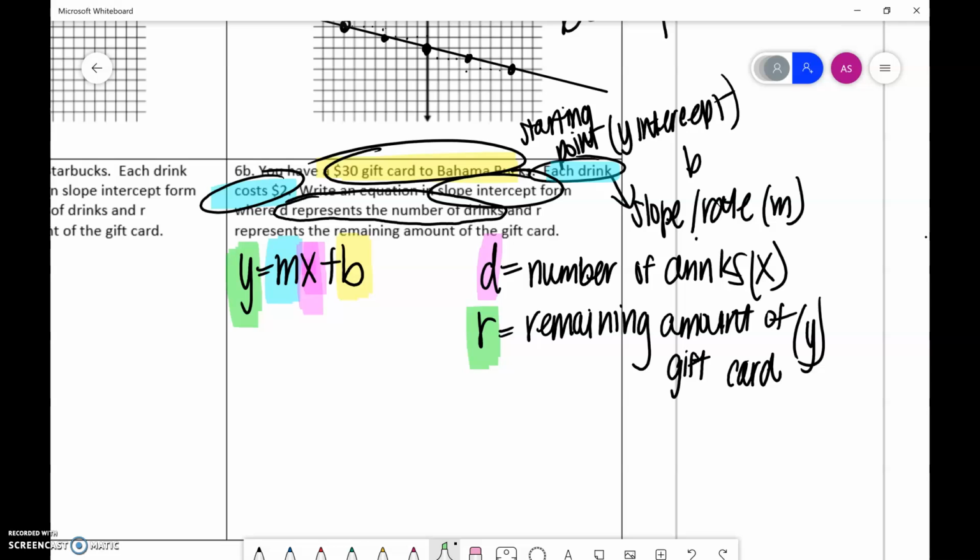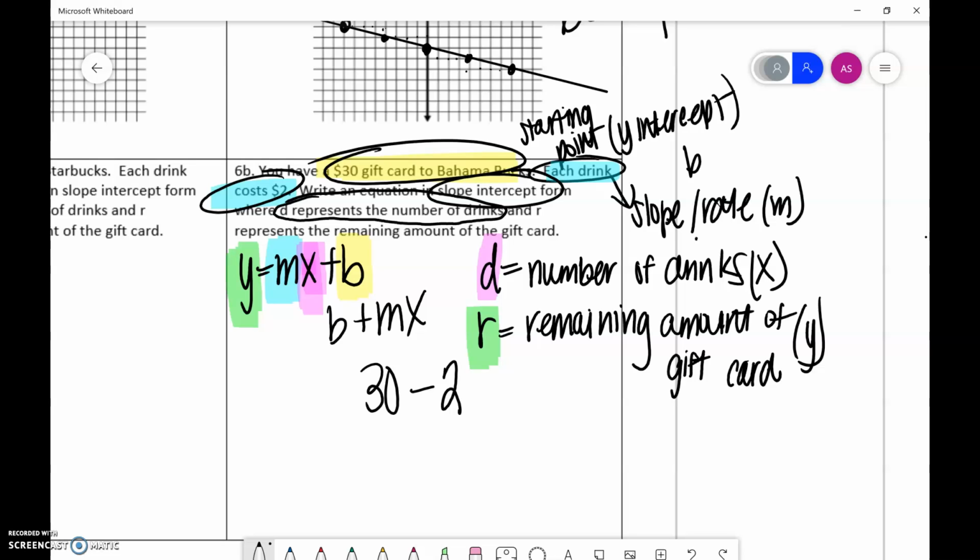So let's just process this out. We start with a $30 gift card. I actually may write it the other way because I can have B plus Mx. So I'm starting off with this $30 gift card. Each drink that I buy costs $2. It's very important that you take into account that that's going to be a negative slope because they're going to charge us for each drink.